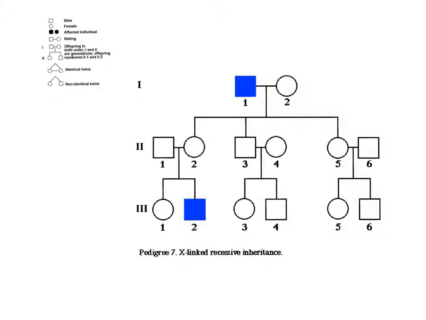What we have going on here in generation 1 is a man and a woman have 1, 2, 3 children. 2 of those children are girls, and 1 of those children is a boy. Each of their children then has children with other people, so you can see them mating, connecting them to other people.